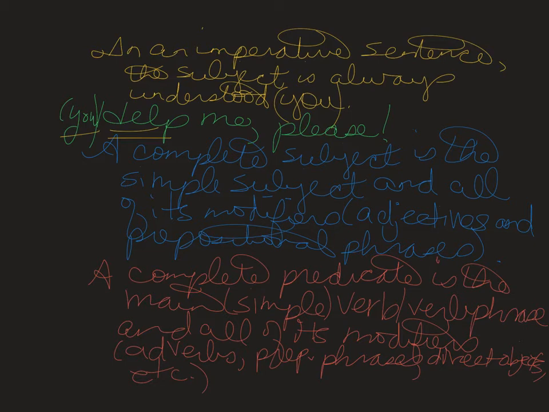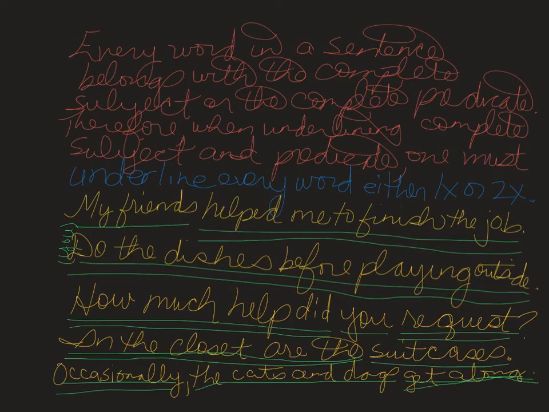Then your complete predicate is the main or simple verb or simple predicate or verb phrase, and all of its modifiers, all the adverbs or prepositional phrases that might describe your verb. And if you have any direct objects that receive the action, or predicate nouns or predicate adjectives that come after that verb, and that verb links back to your subject, PNs, PAs, DOs, all those are considered part of your complete predicate. Okay, finally, last slide.